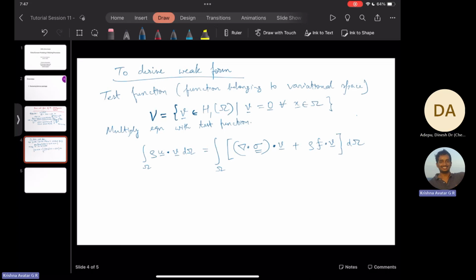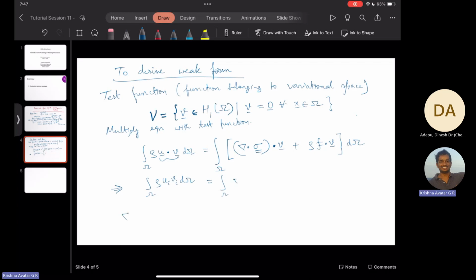Now let's write it in indicial notation, then it will simplify our process. So this will be u i v i d omega, as per Einstein's notation, and then this will be the divergence of sigma.